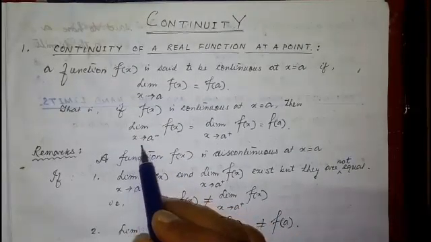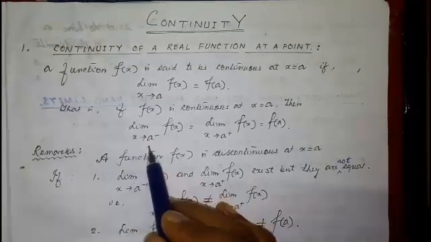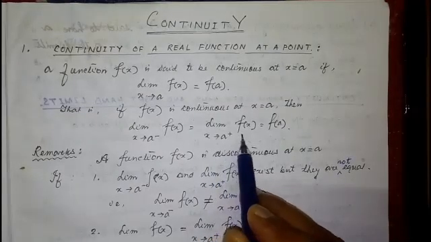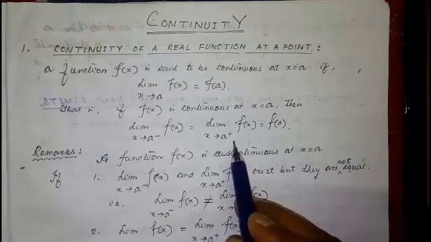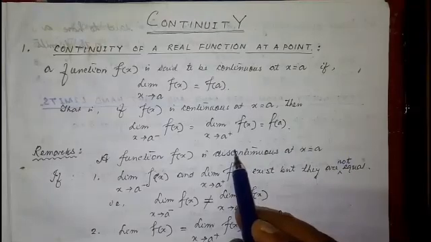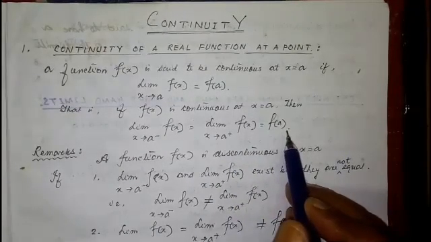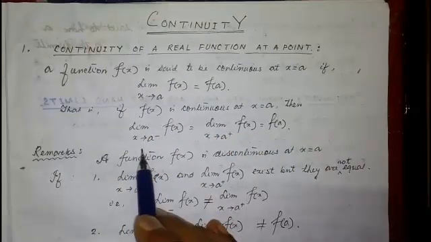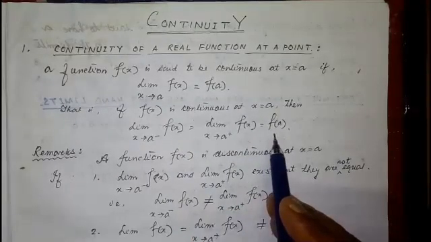So limit x tends to a minus f(x), the left hand limit of the function, is equal to limit x tends to a plus f(x), that is x approaches a from the right hand side, is equal to the value of the function at that point. Then it is said that the function is continuous at the point x = a.